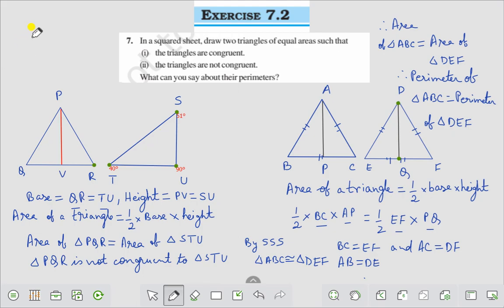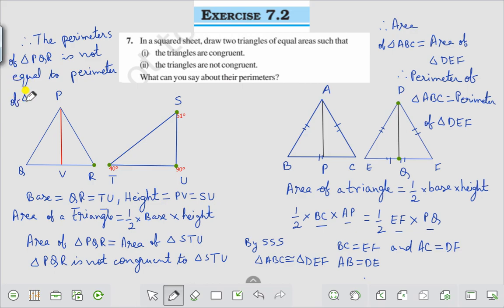Therefore, the perimeter of triangle PQR is not equal to the perimeter of triangle STU.